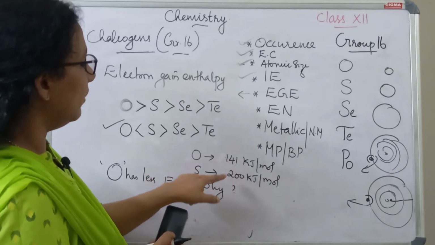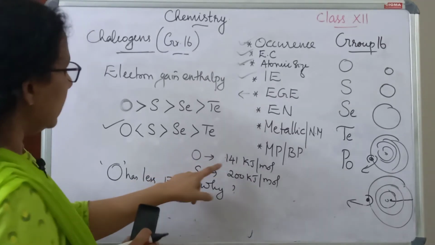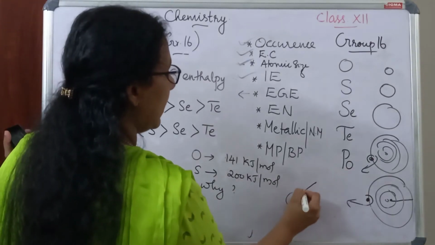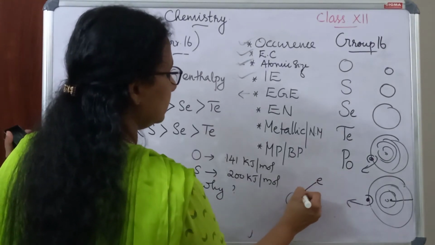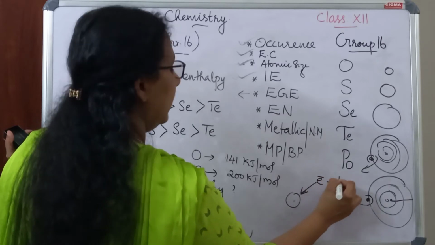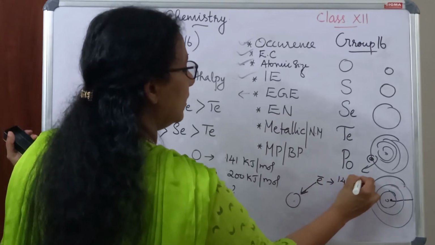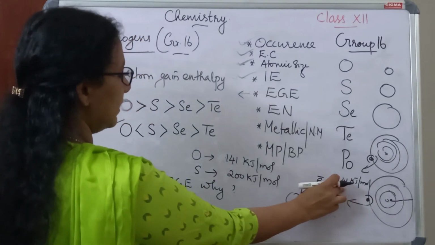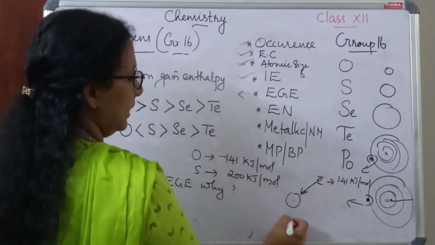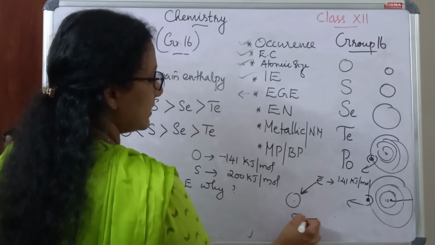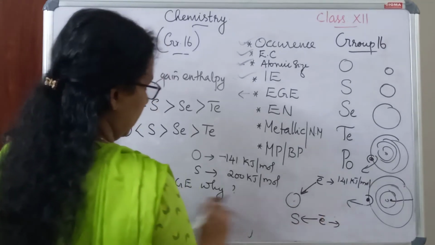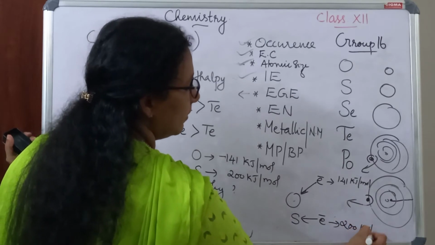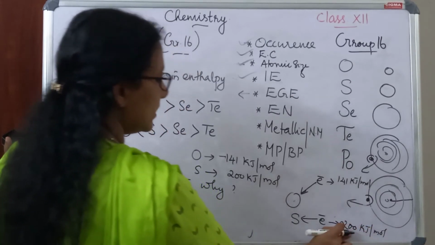So 141 and 200. If one electron is added to oxygen, 141 kilojoule per mole of energy is released. That is why it is negative. If one electron is added to sulfur, 200 kilojoule per mole of energy is released.